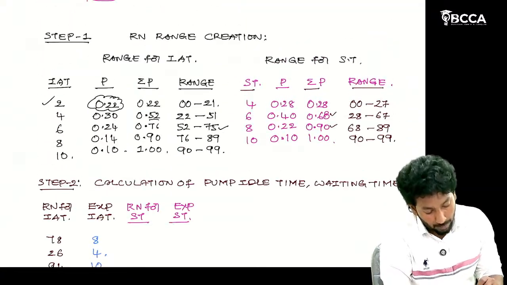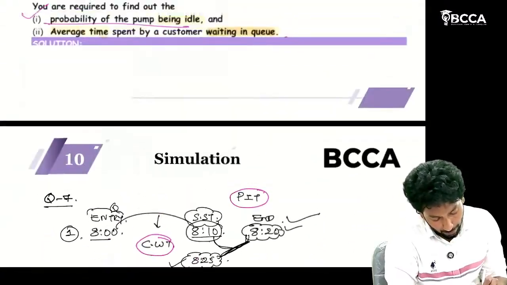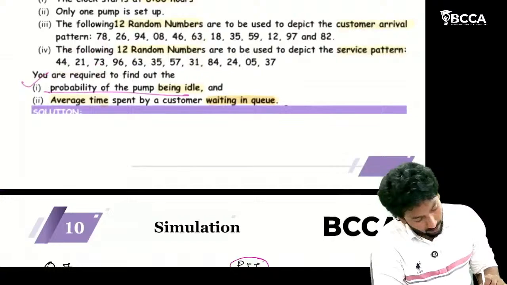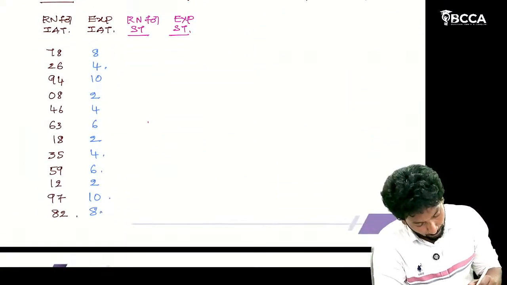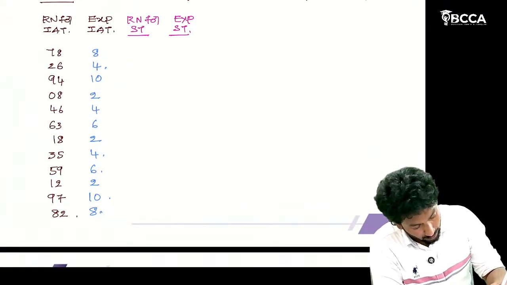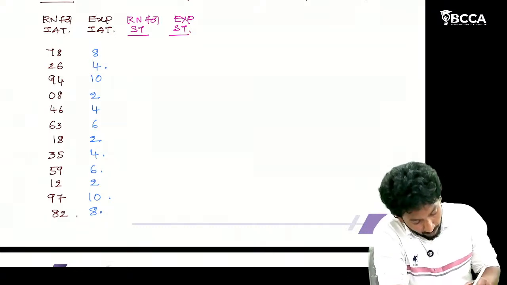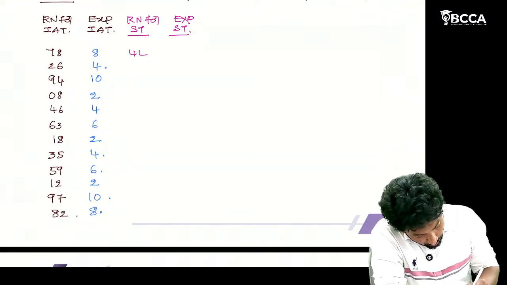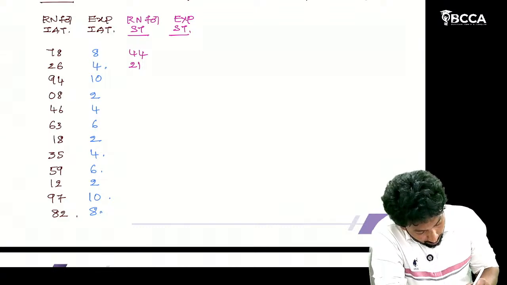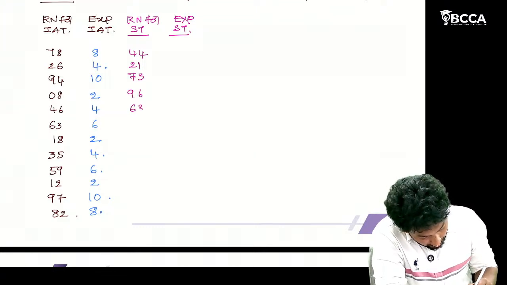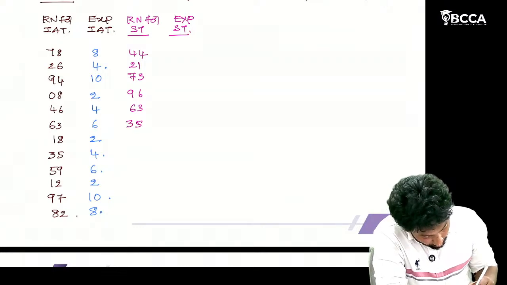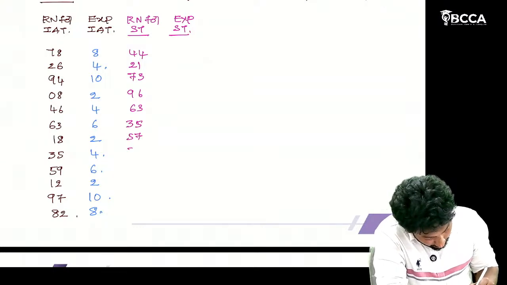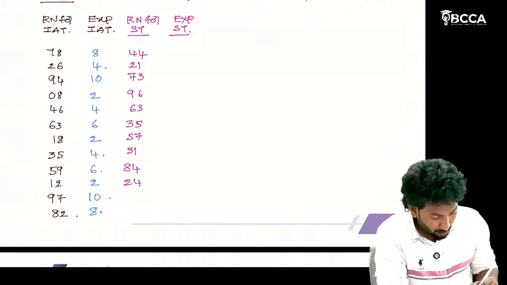Okay, so the random numbers given in the question are 40, 44, 21, 73, 96, 63, 35, 57, 31, 84, 24, 05, 37.